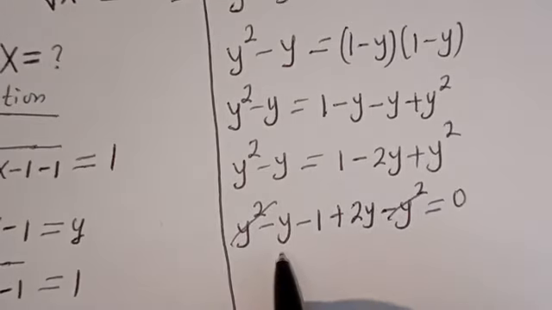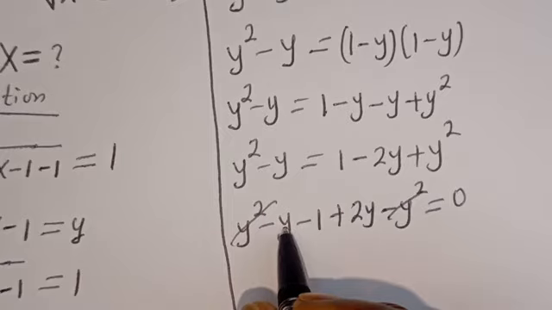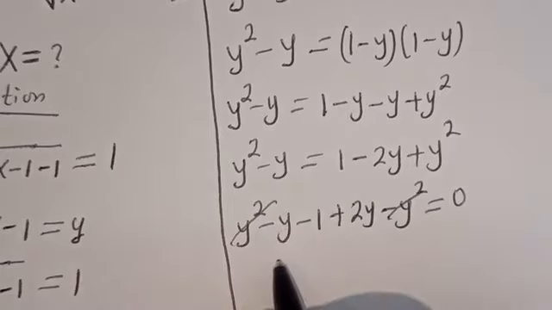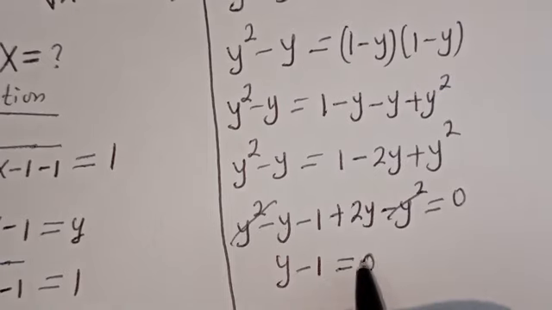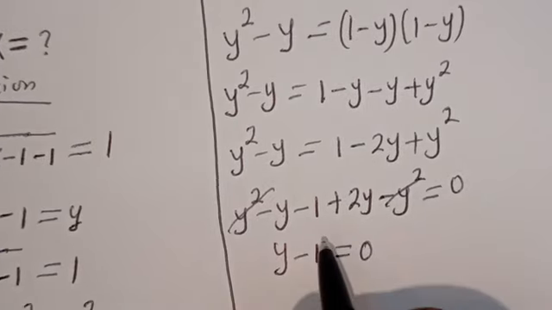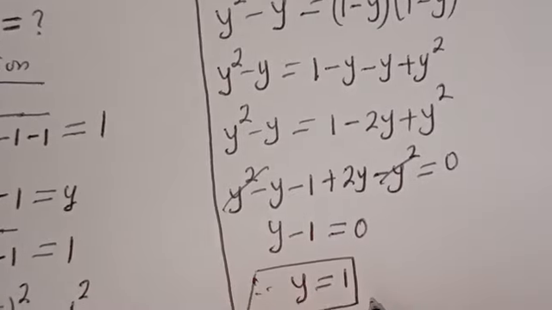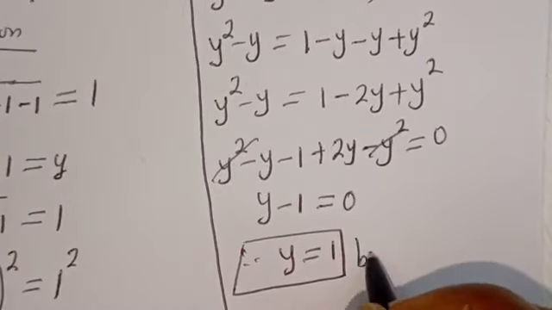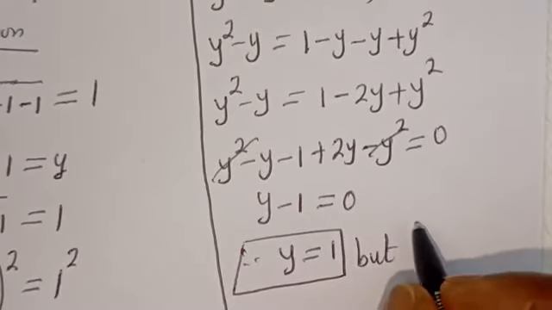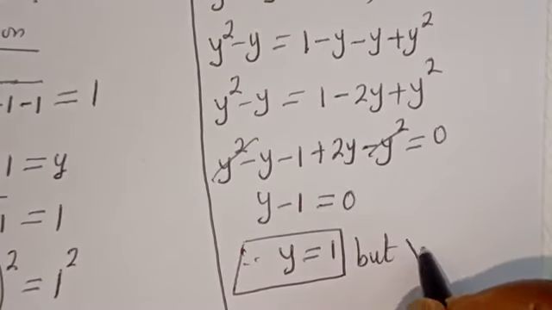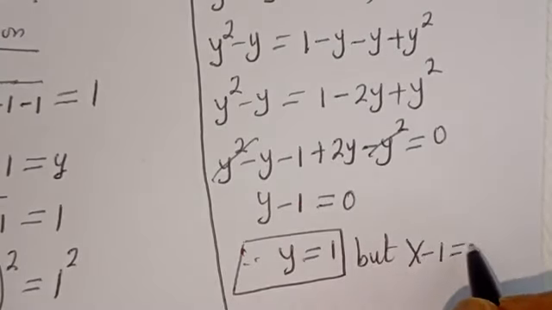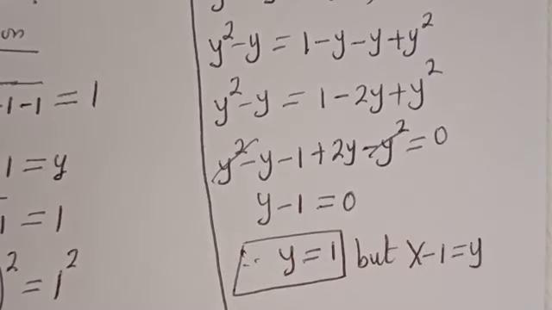Now we have minus y plus 2y, this is y minus 1 is equal to 0. Therefore, y equal to 1. But x minus 1 equal to y.